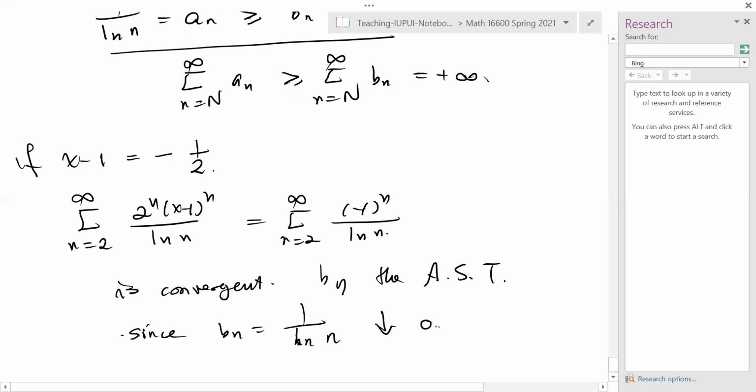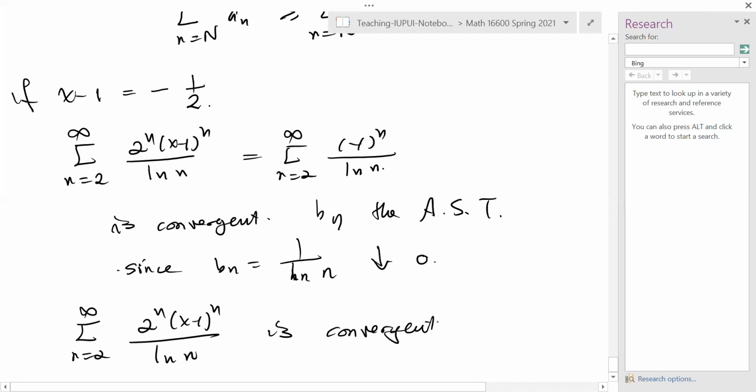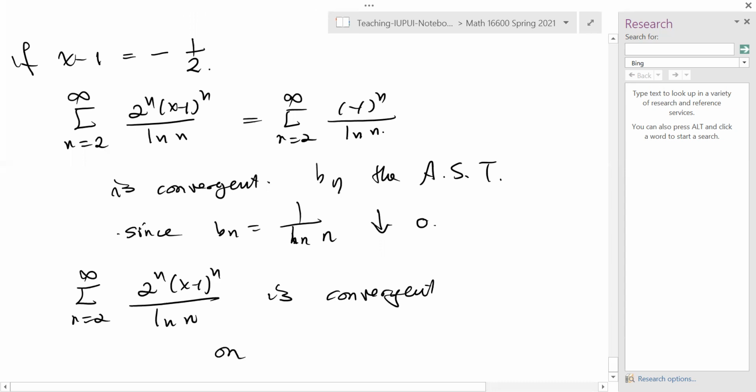All right. So now you get the following conclusion. This series is convergent on the interval including the negative point, so 1 minus 1/2.